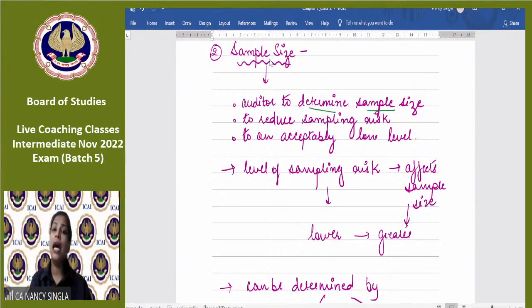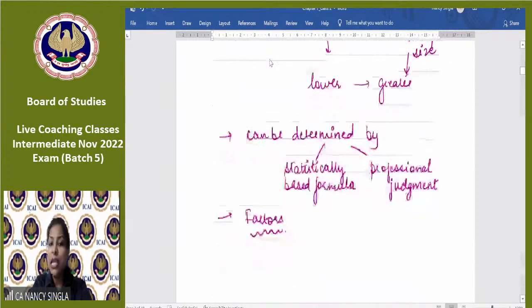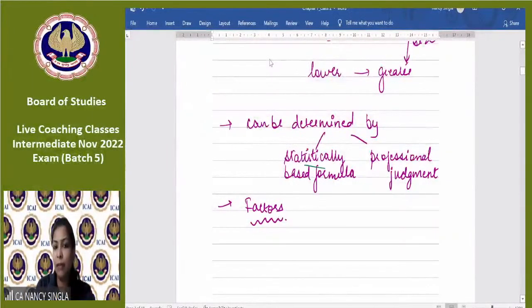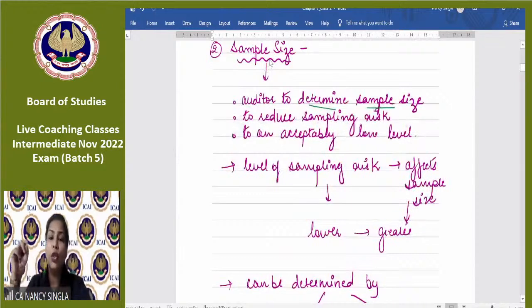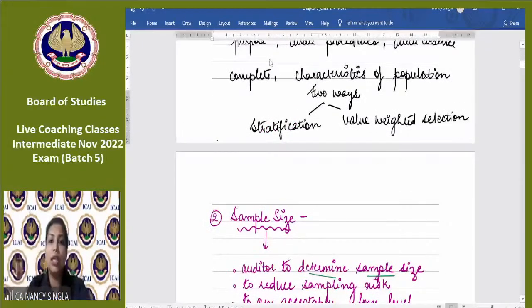Now, when the auditor has to decide the sample size, definitely he will apply his professional judgment. He can apply various statistical-based formulas. And students, since I told you that whenever sampling is there, there will be a certain kind of sampling risk, just answer my question: if the auditor wants to reduce the sampling risk, what should the sample size be?